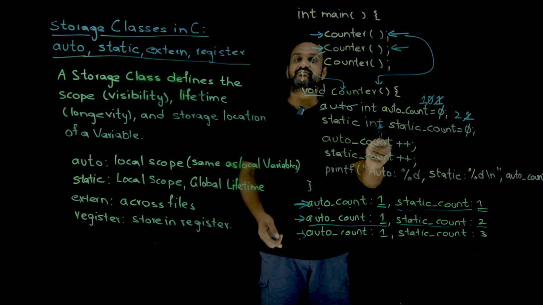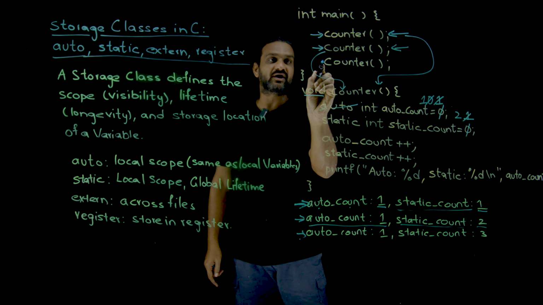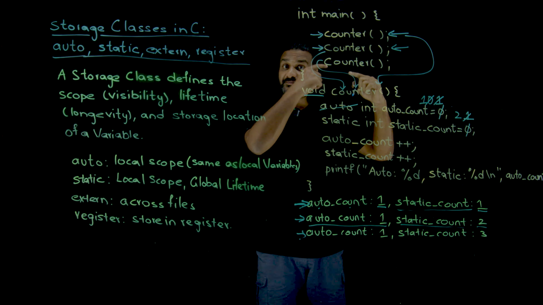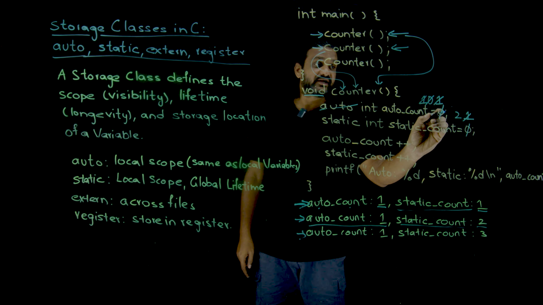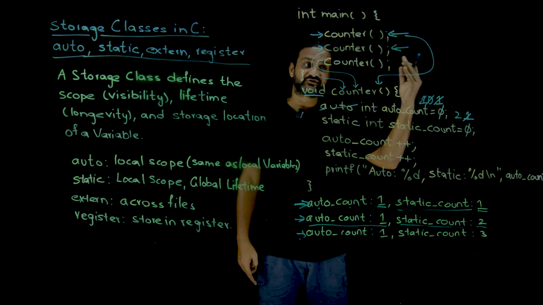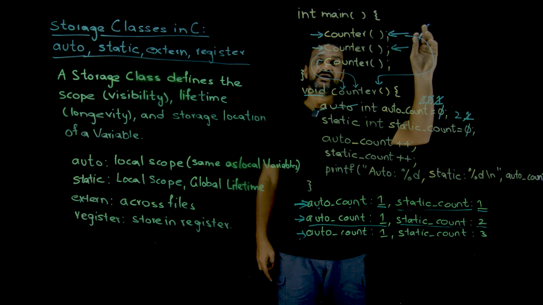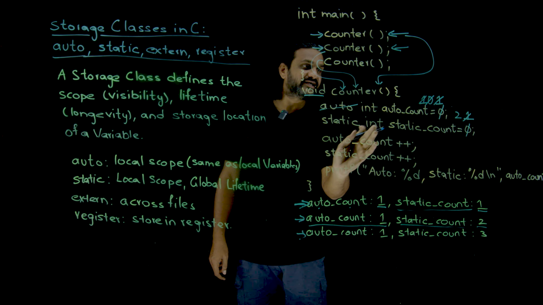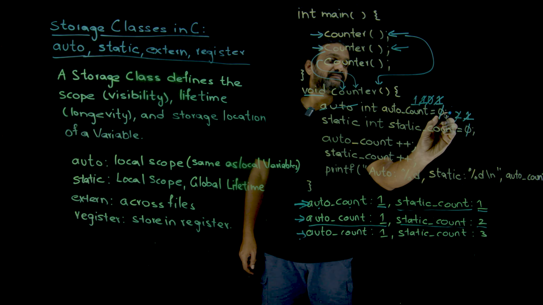Again, this local variable will become 0. Now when we call this for the third time, in the program we have defined it as 0, so it remains the same. It has again become the local definition, which is 0, and this has a global lifetime, so it remains as 2. Now it will get incremented: this 0 will become 1 and this 2 will become 3.